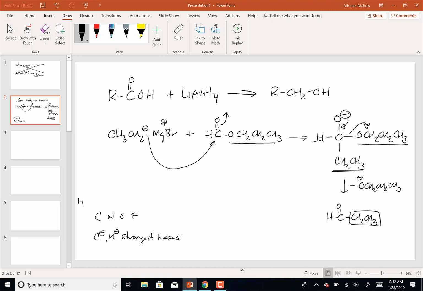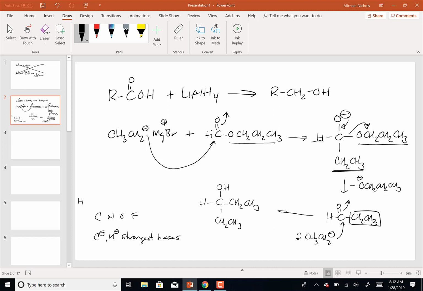So now the second ethyl group, the second ethyl Grignard, comes in and attacks that, in this case, aldehyde, so that I end up with an alcohol where two of the groups attached to what was the carbonyl are the same.